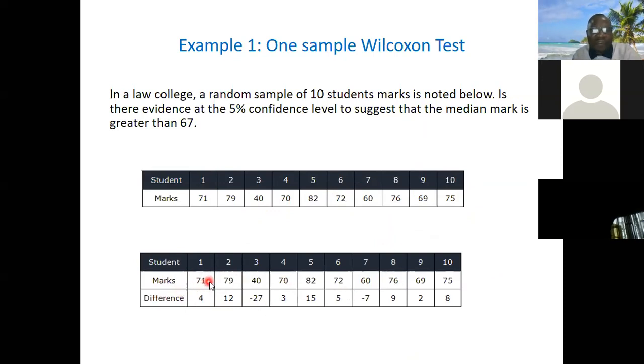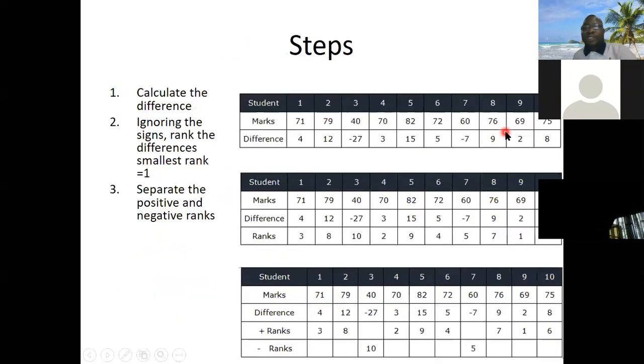Here, you subtract 65 from each of these. It gives you 4, 12, minus 27. Of course, 65 is greater than 40, that's why it gives you negative. So this one also is giving you negative. Some will give you positive, some will give you negative when you subtract the median from the mark, from the same slide, I think I repeated there.